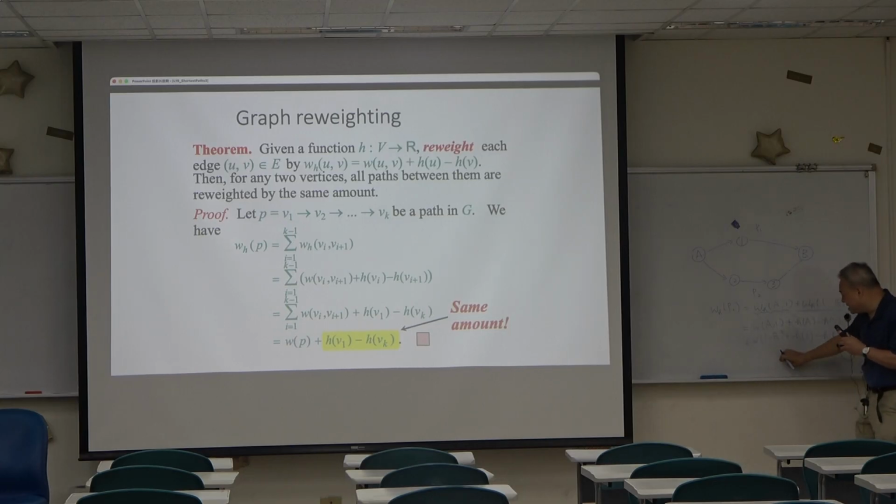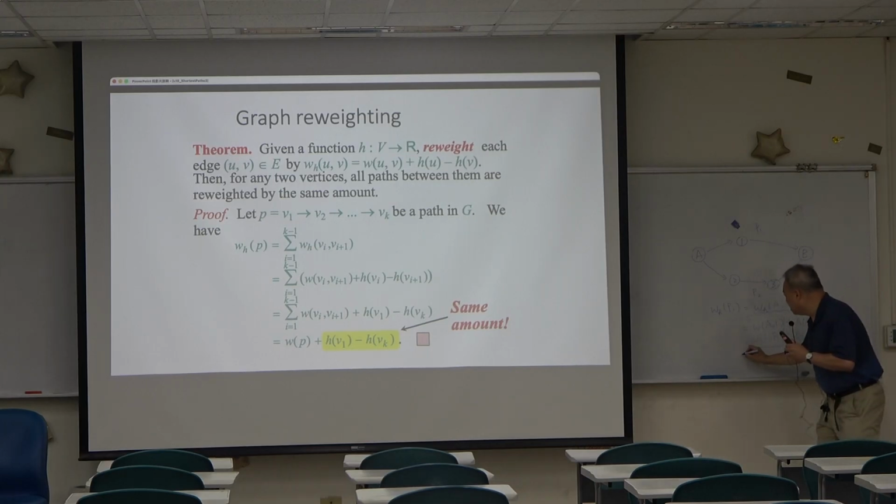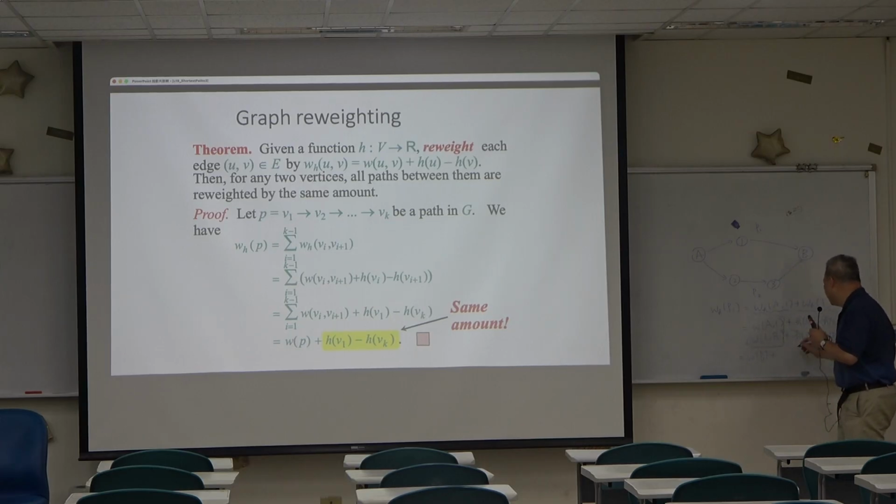So you will find that these cancel out each other. These two add up to be the path weight before reweighting, w(P1) plus h(A) minus h(B). This is for the top path.